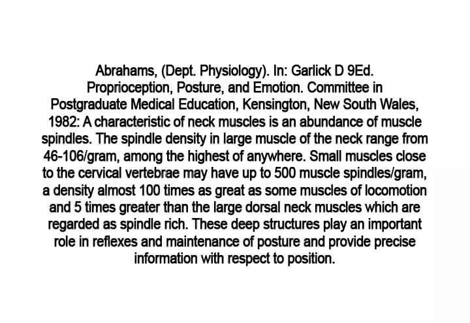It's among the highest anywhere, but let's skip down to where it says muscles that are small and close to the neck bones may have up to 500 spindles per gram, which is a density of over 100 times more than the larger muscles of our neck.